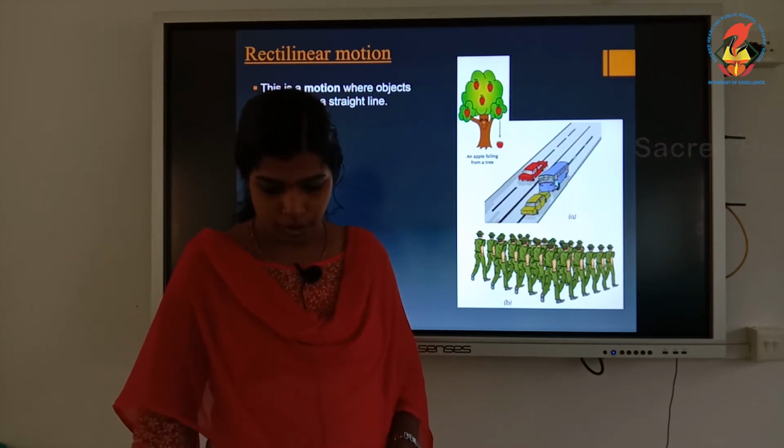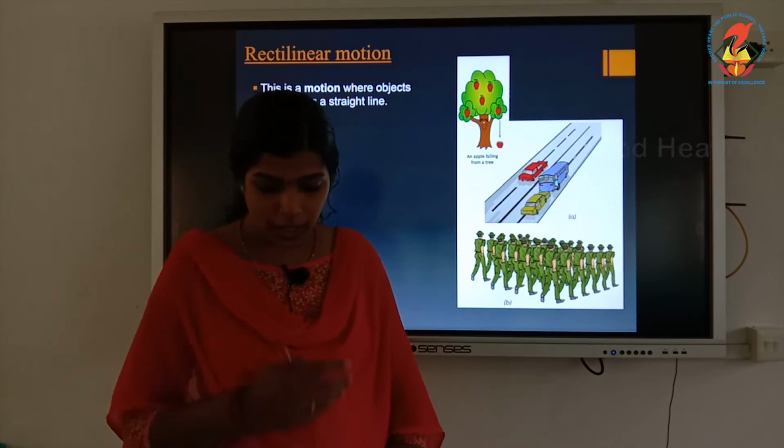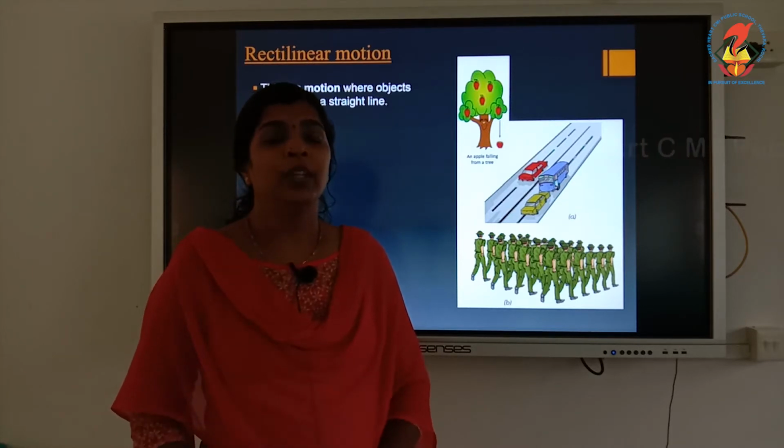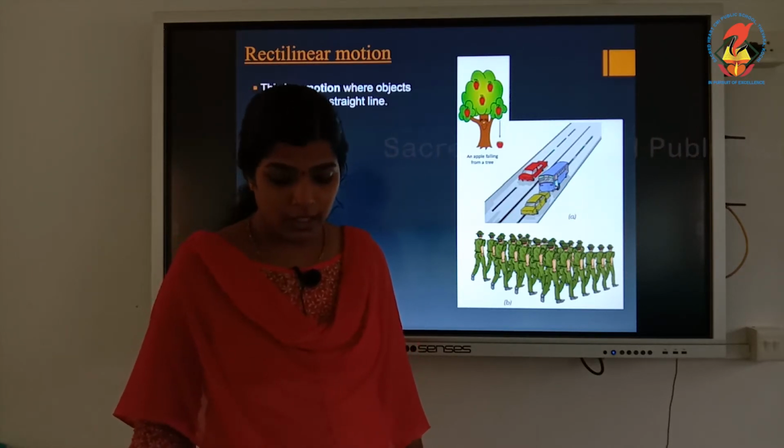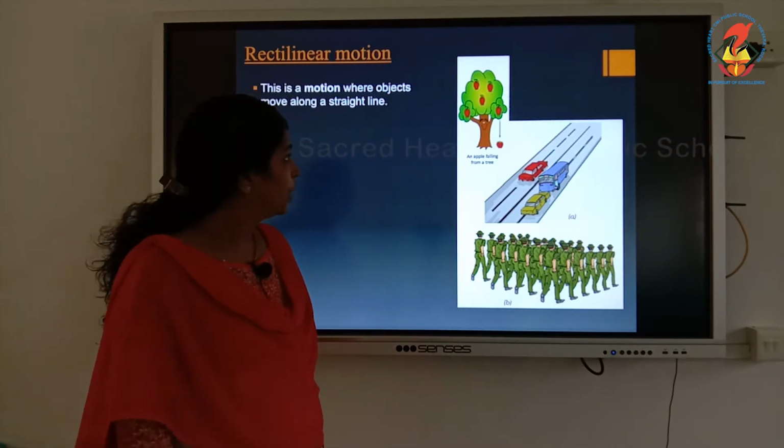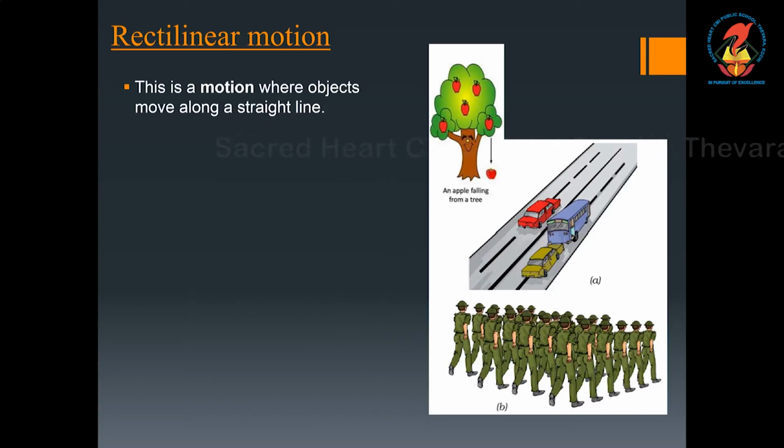If an object is moving in a straight line, then we call it rectilinear motion. Here, an apple falling from a tree. When you drop any object, it will move towards the earth.